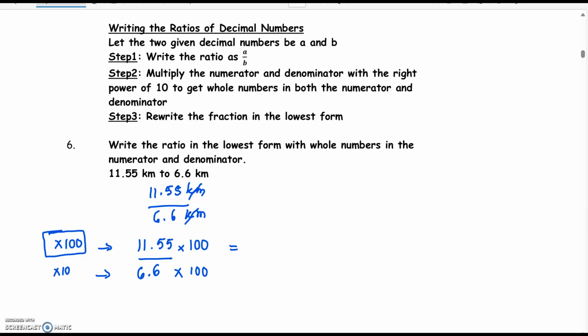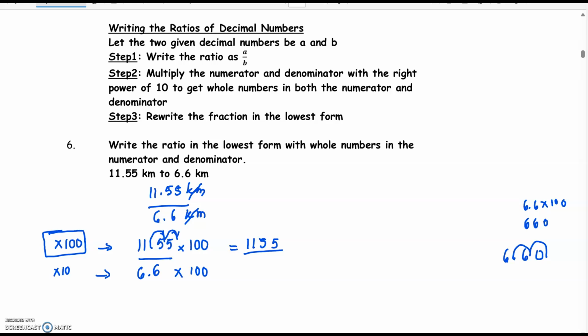So multiplying by 100 is the same as shifting the decimal point 2 place values to the right. So that's 11.55 times 100 over 6.6 times 100, and that's equal to 1155 over 660, because I shift the decimal point 2 places to the right, 1, 2, and that's how I get a 660.